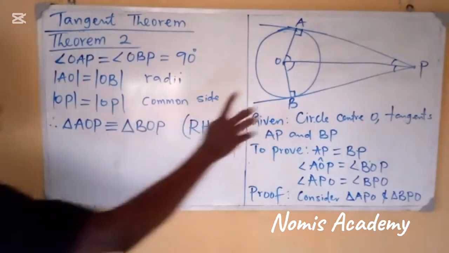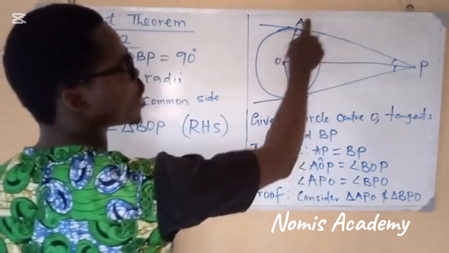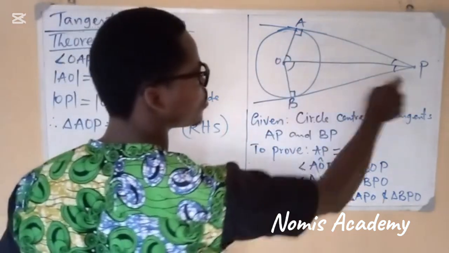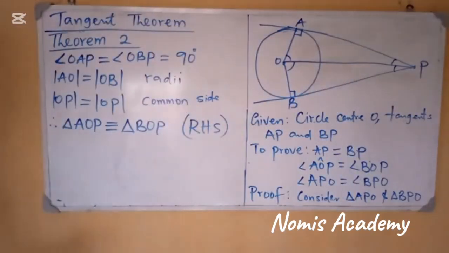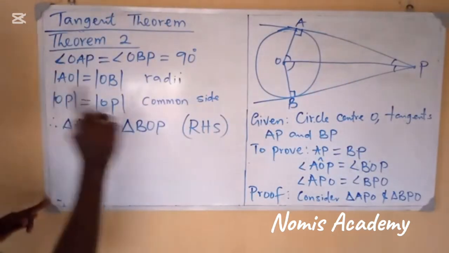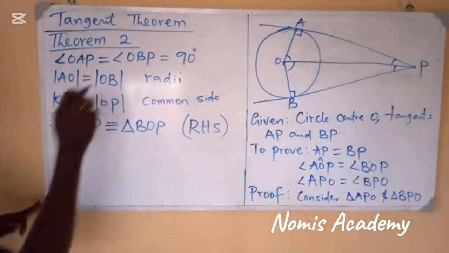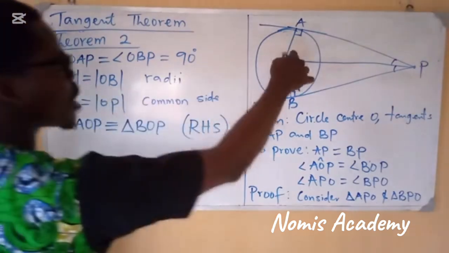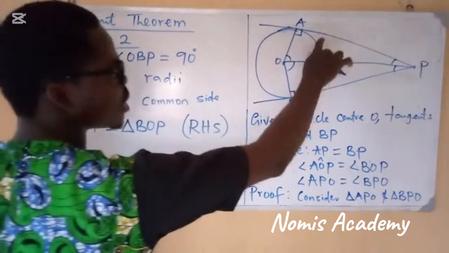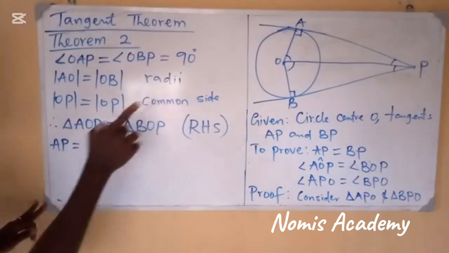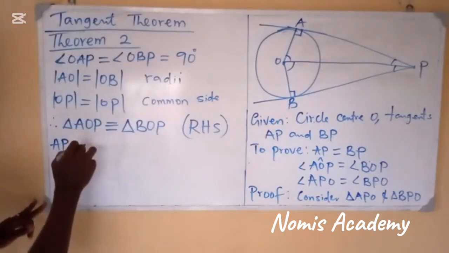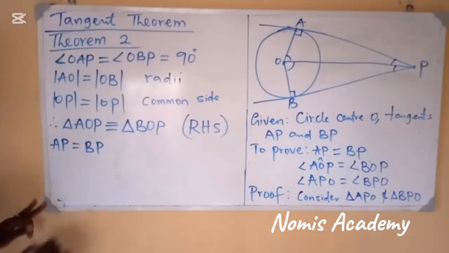So these two triangles, triangle OAP and OBP, are congruent triangles. So from this deduction, we can now say that AP is equal to BP, which are the tangents.